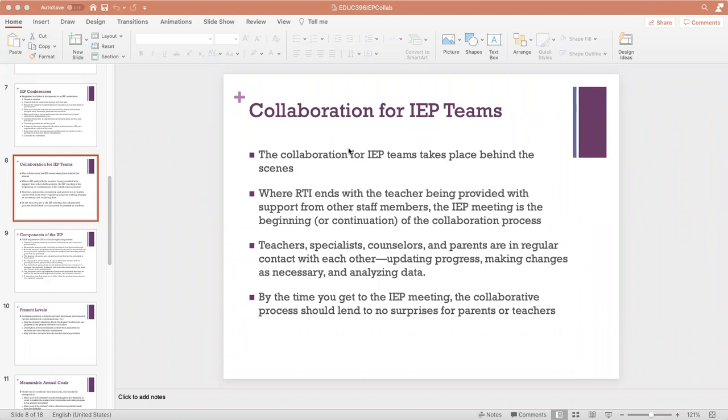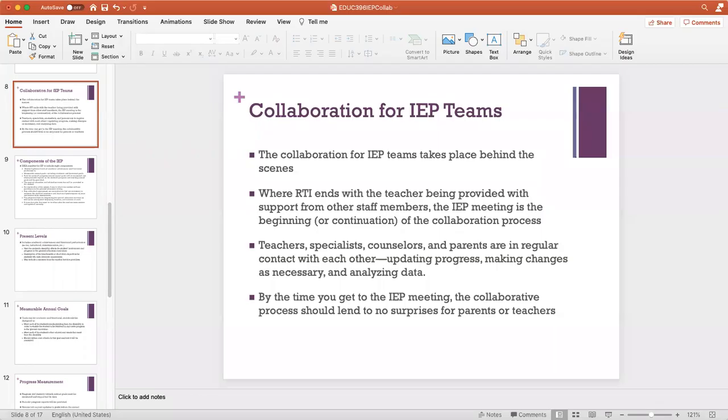Because we know we don't fundamentally agree, but we want to make sure the parent is comfortable with the service that the child is getting, and you're able to work through those things. So there's a lot of interpersonal conversation that needs to occur that is going to allow for success to happen.